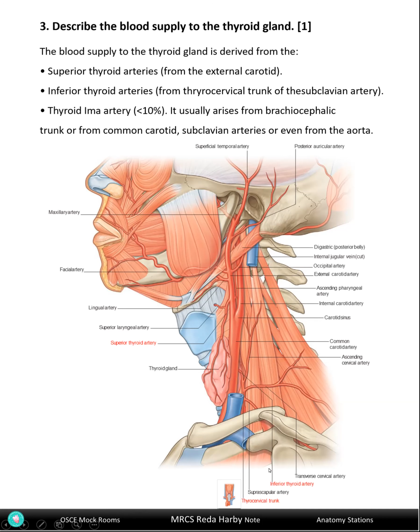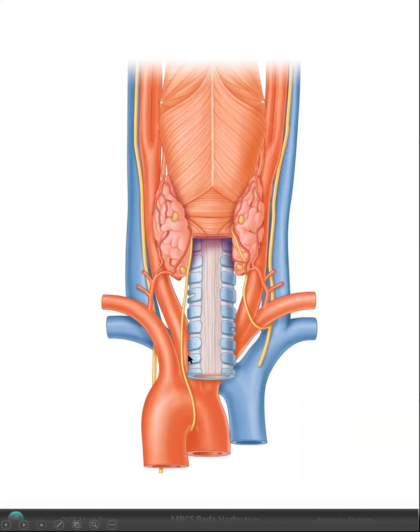We can zoom in to find where the thyrocervical trunk is. This is the thyrocervical trunk, from the subclavian artery, giving the inferior thyroid artery.